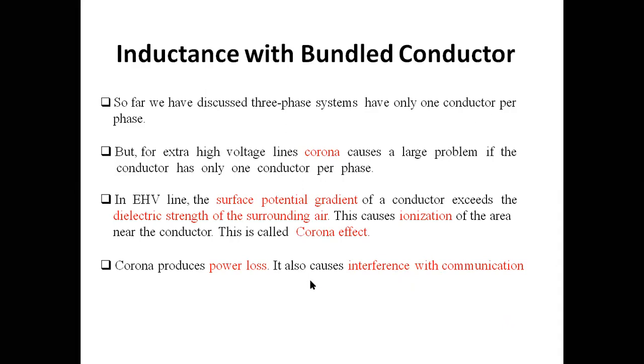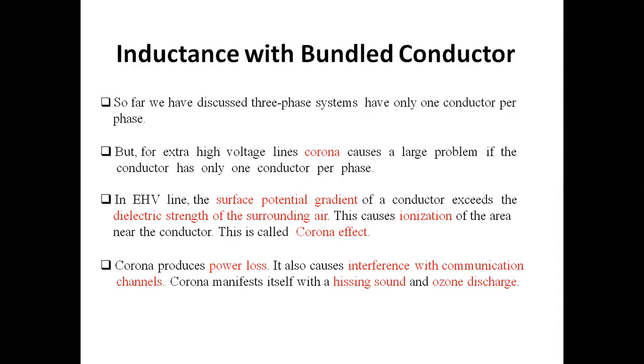In that case, due to the interference of the magnetic field, as well as this corona effect, it will hamper the operation of the communication channels. It may create some noise or other problems.